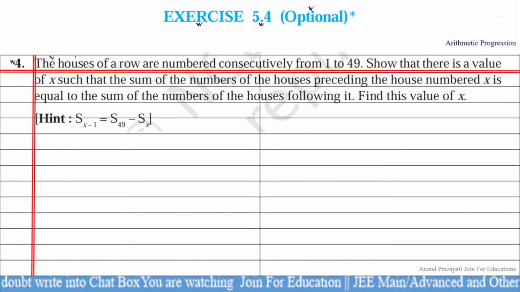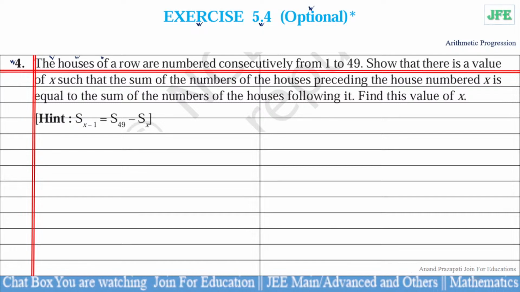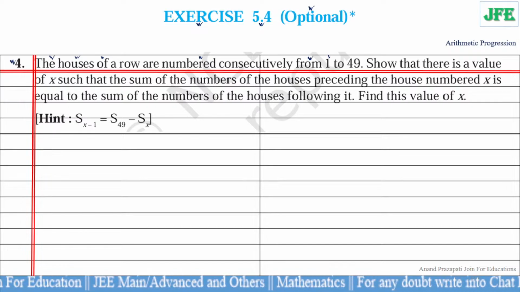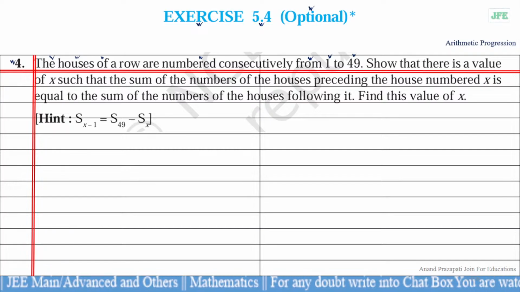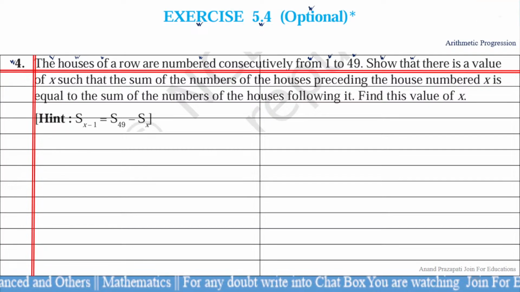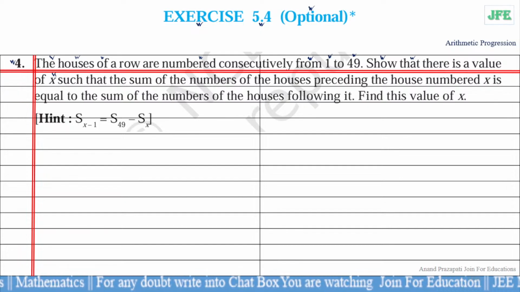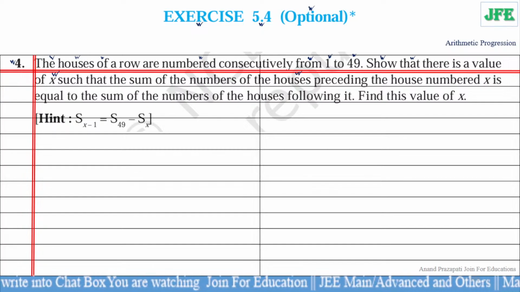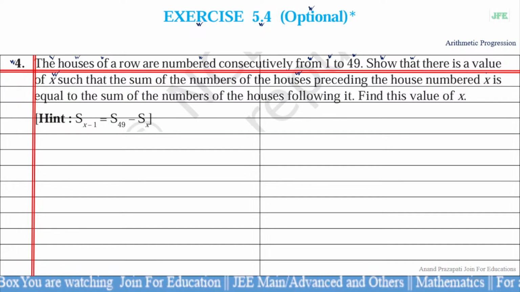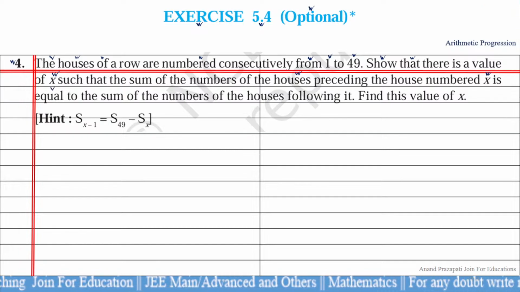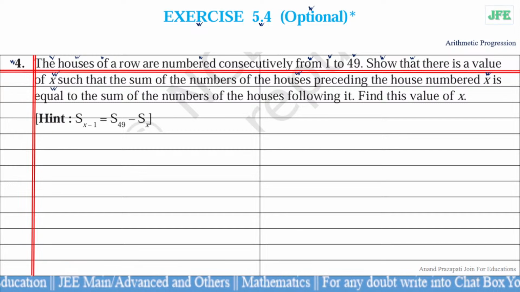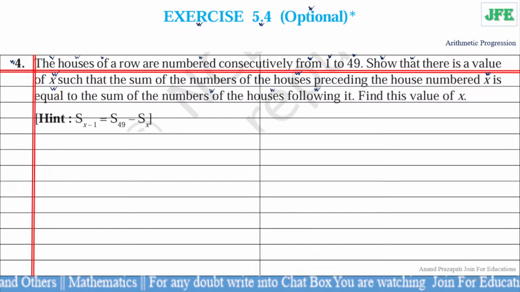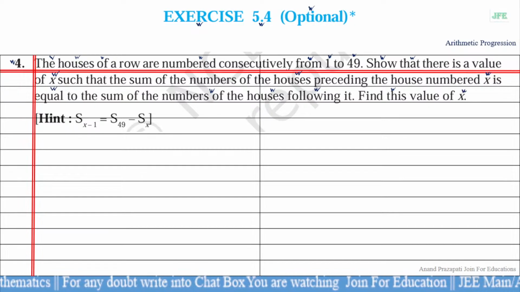The houses of a row are numbered consecutively from 1 to 49 so that there is a value of x such that the sum of the number of houses preceding the house numbered x is equal to the sum of the number of houses following it. Find the value of x.